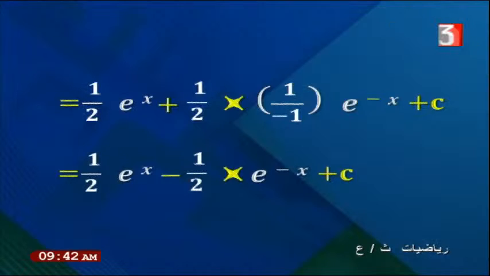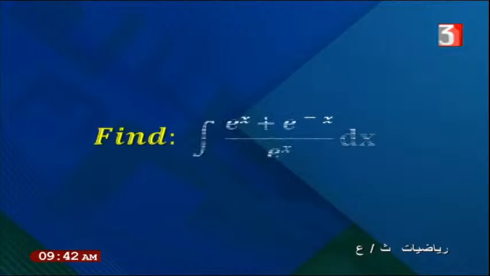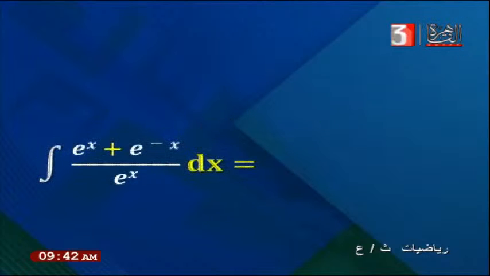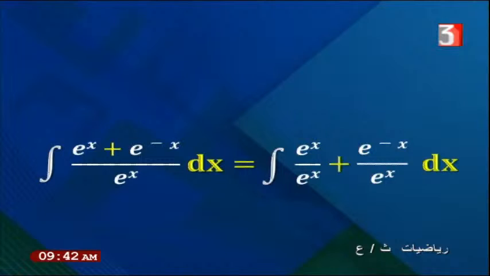Another example, find the integration of e power x plus e power negative x, all divided by e power x, with respect to x. Then the integration of e power x plus e power negative x over e power x dx equals the integration of e power x over e power x plus e power negative x over e power x dx. E power x over e power x is equal to 1.